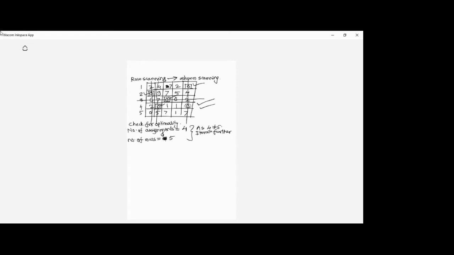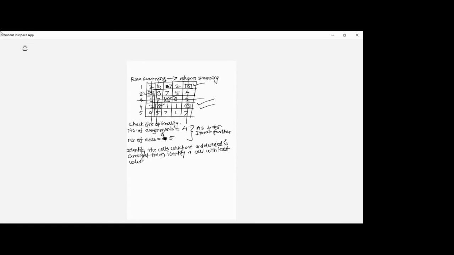optimal. So what we are going to do is identify the cells which are undeleted, and amongst them identify a cell with the least value.